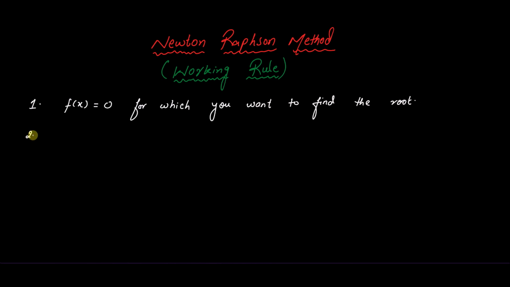Secondly, we need to find the initial guess, or we just simply choose an initial guess. We call it x naught.